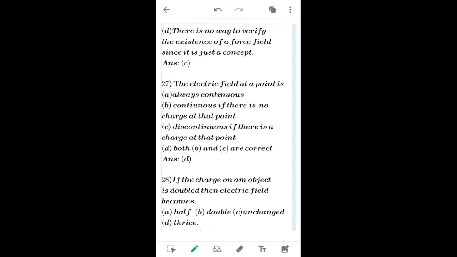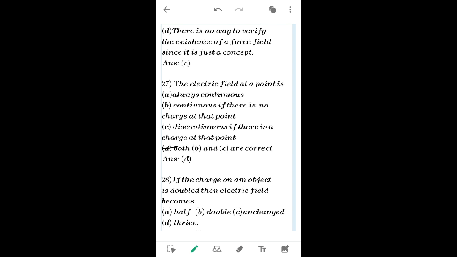D, both B and C. Always continuous it cannot be. Continuous if there is no charge, yes, it can be. Discontinuous if there is a charge. So the answer is both B and C. The correct option is D. Very easy, right?